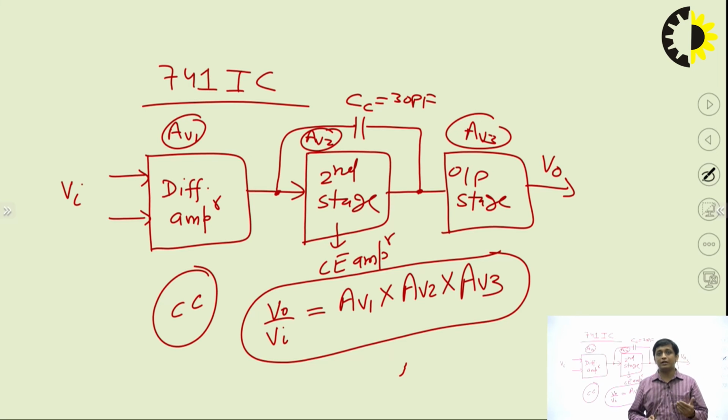That is more than 100 dB, right? Another important point is that this 741 IC is direct coupled. Normally, IC amplifiers are direct coupled. We don't prefer coupling capacitors inside the IC because of the larger size, right? So this is about the voltage gain of this 741 IC.